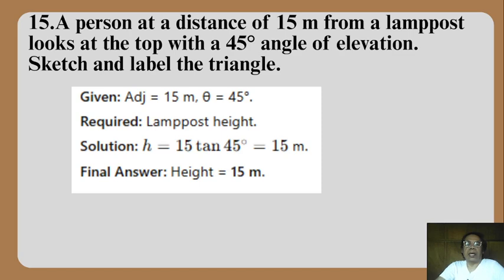Since we are given the adjacent side and theta, the height can be determined by using the tangent function. So solution, height is equal to 15 tangent 45 degrees, which is equal to 15 meters. Final answer, height is equal to 15 meters.